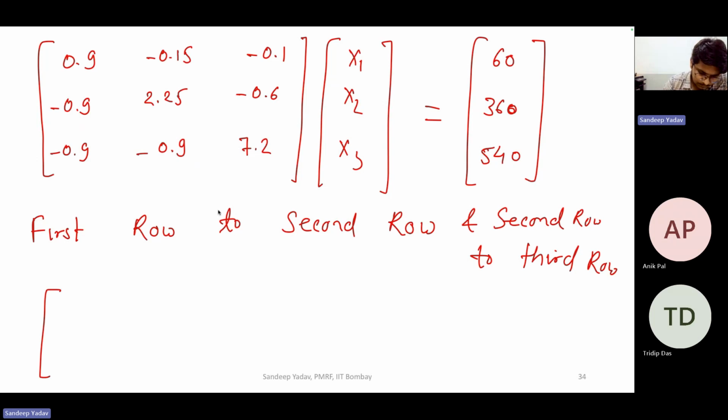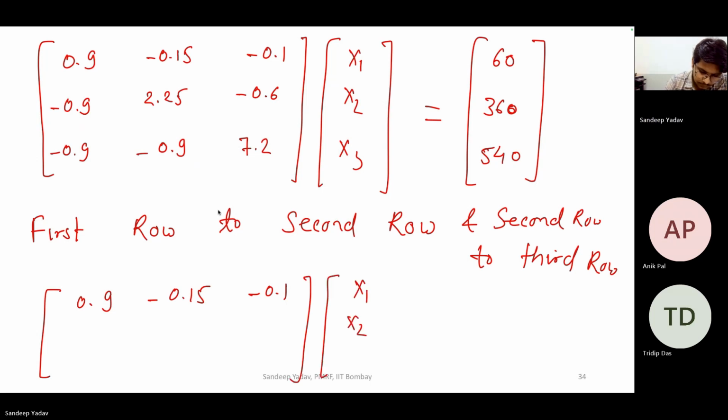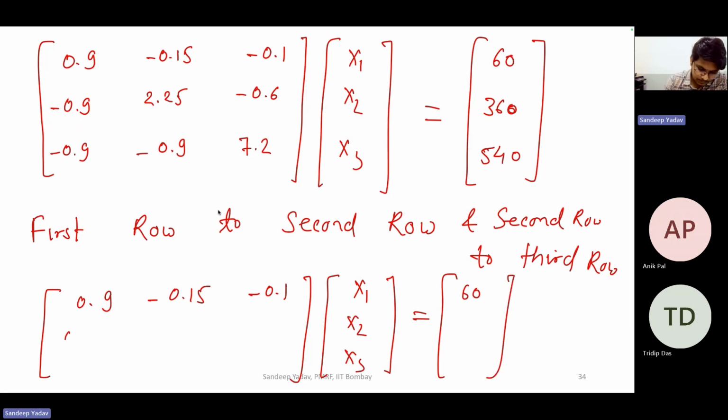The first row will remain the same, 0.9, with x1, x2, x3, and this would be 60. The entries below it become 0 because we are adding the first row to the second and third rows.